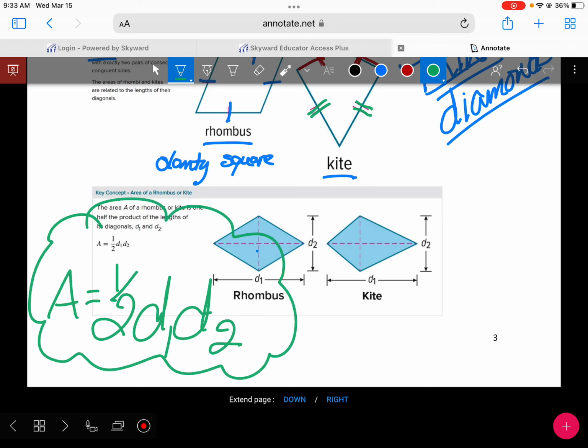And that is for both of them, where the d's are the lengths of the diagonals. So if you see a rhombus and a kite, try to remember they kind of look like diamonds, and you're going to use the d's.